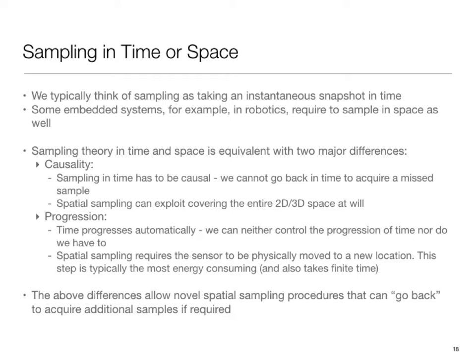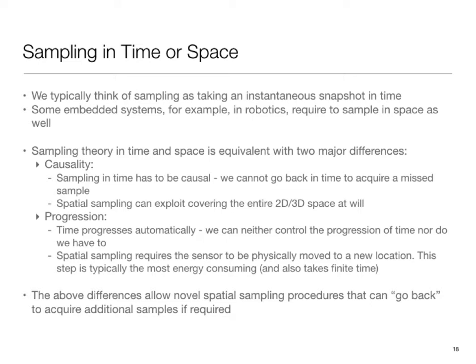In case of time, if you forgot to sample, then you cannot go back, right? Because the arrow of time, so to say, is against you. But in case of space, if you're, let's say, sampling a spatial field, and you took too much of a step, then you could always go back and resample that.